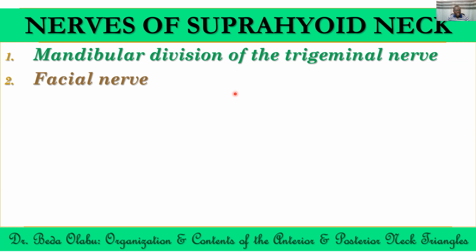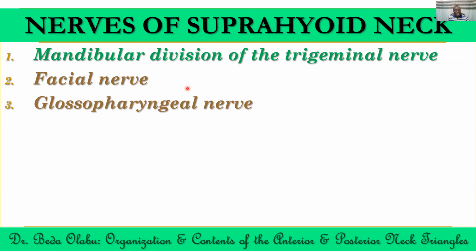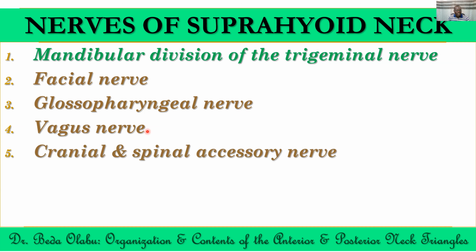But the ones we've discussed are the 7th cranial nerve, facial nerve. We discussed this when you looked at parotid region and facial nerve. Glossopharyngeal nerve, we've discussed that when we looked at the anterior neck infrahyoid spaces. We also discussed the vagus nerve. We discussed the accessory nerve in 2 parts, the spinal accessory, when we discussed the posterior neck triangles, and the cranial accessory when we discussed the infrahyoid anterior neck triangles.